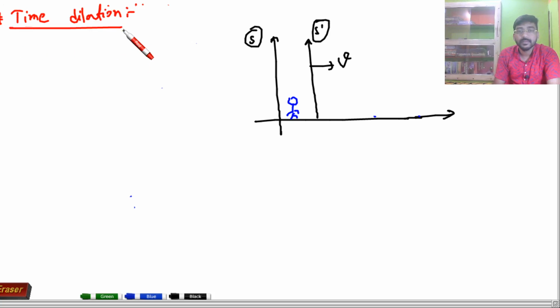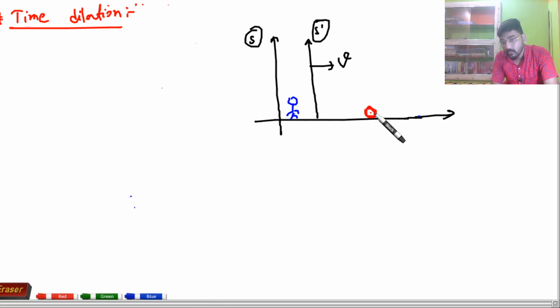S dash is moving with velocity v with respect to S. Now suppose we have a clock in the S dash frame, and we measure any time interval in the S dash frame.